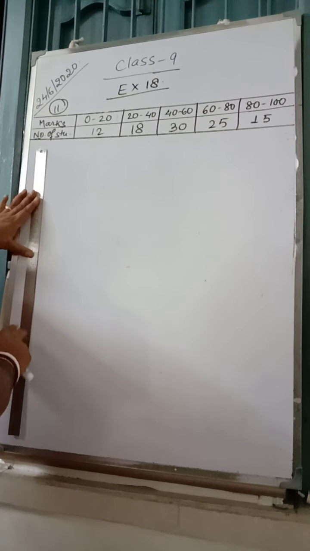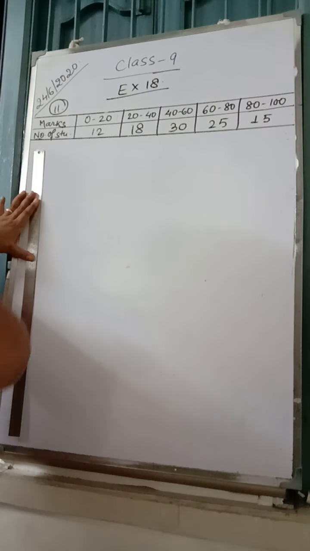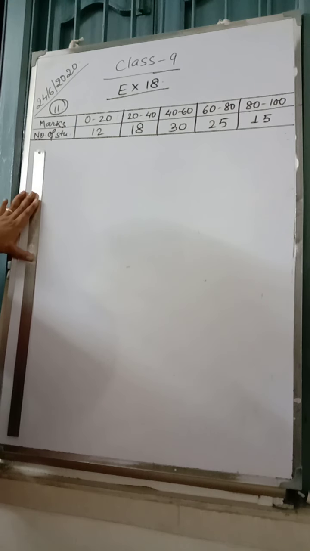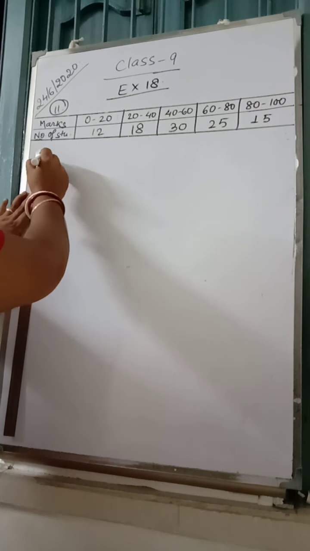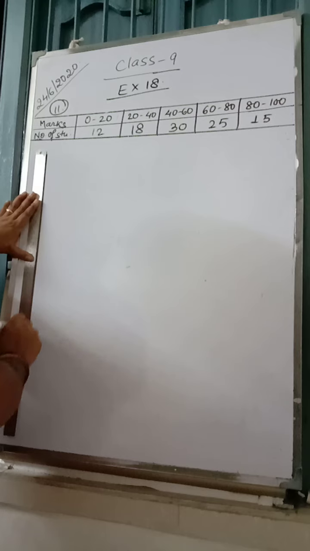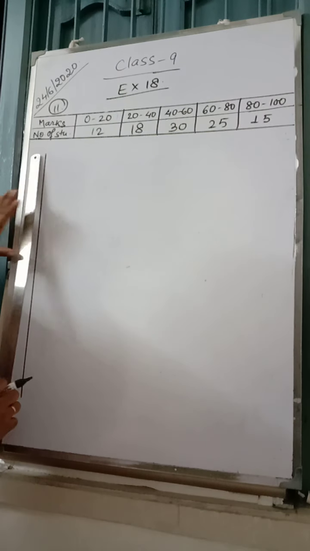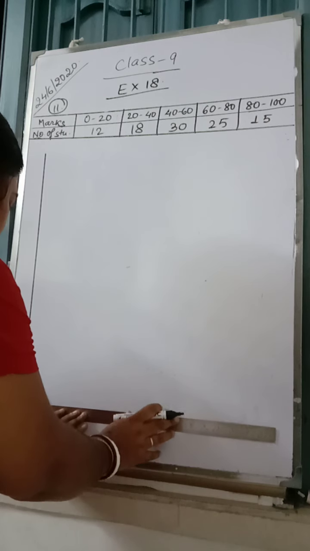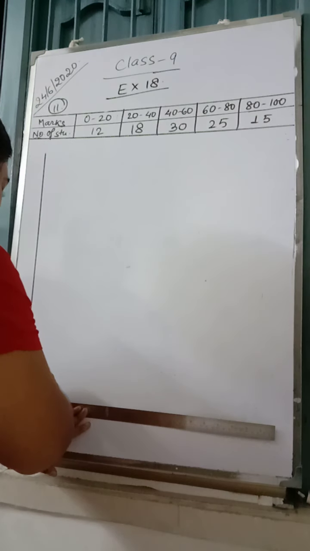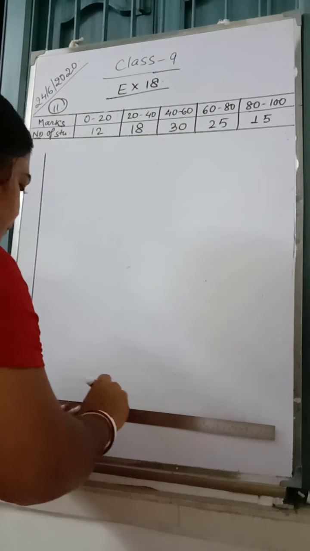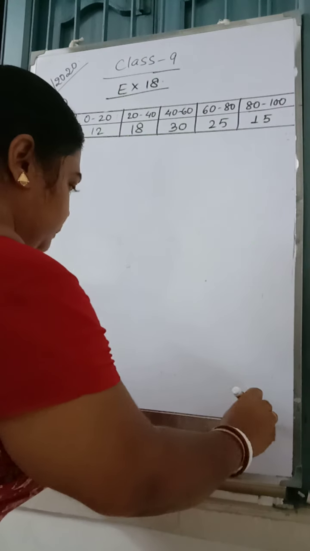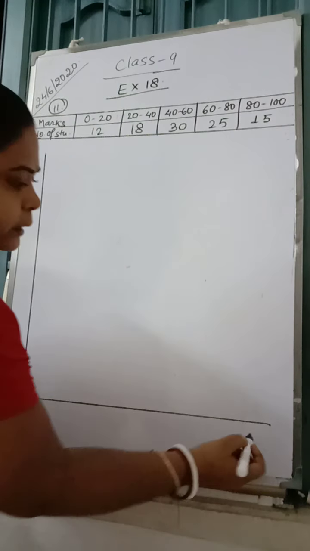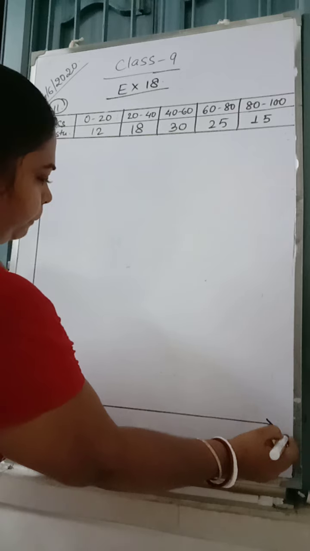First of all, we have to make two axes, that is x-axis and y-axis, all of you know. This we have taken. You have to draw it in the graph copy.